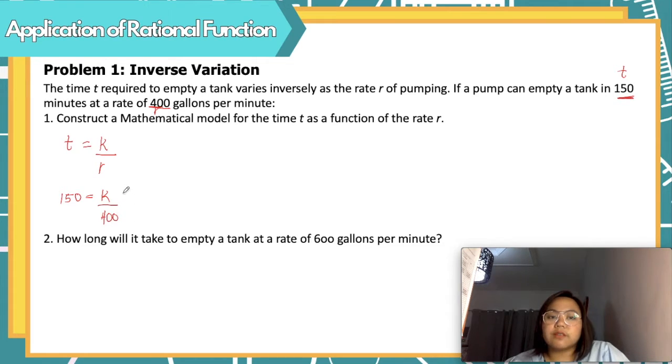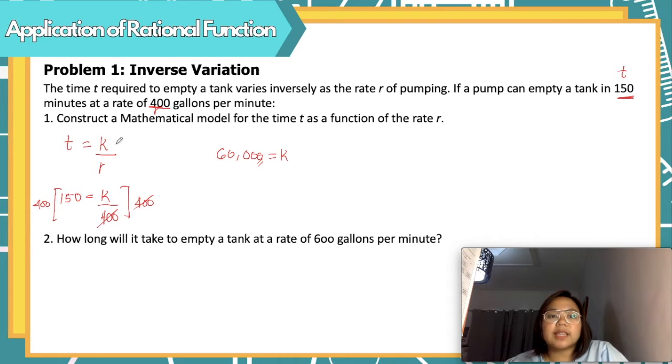To solve for the value of k, we can get the LCD. The LCD is 400 and we multiply it to both sides of the equation. This can be cancelled out and 150 times 400 is 60,000, which is equal to k. So the value of k is 60,000.